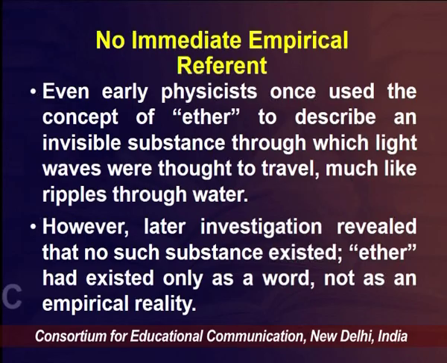Ether had existed only as a word, not as an empirical reality. Though the term has been revived in modern physics for certain mathematical uses, it now functions purely as an abstract construct without the misleading physical connotation it once carried.